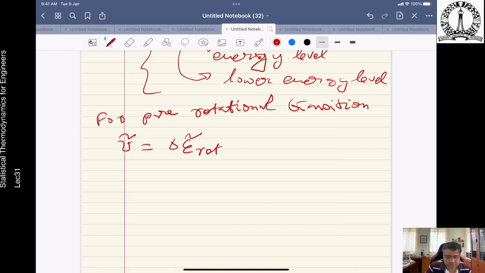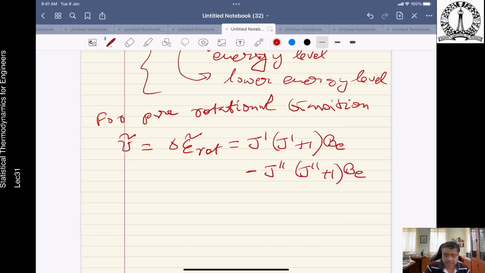The change in rotational energy is J prime into J prime plus 1 into BE, minus J double prime into J double prime plus 1 into BE. Right? That gives the wave number of each spectral line.